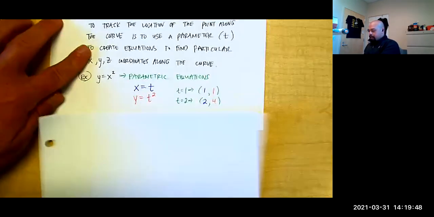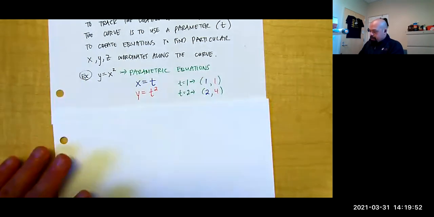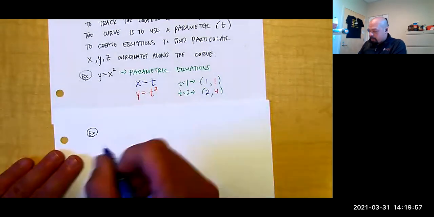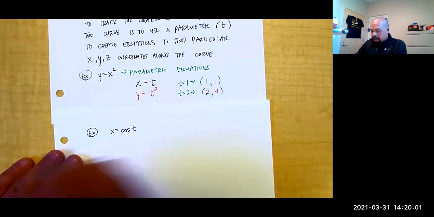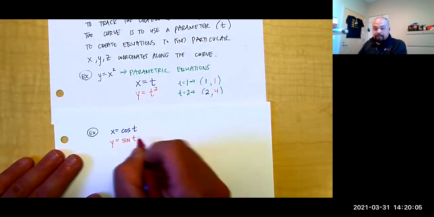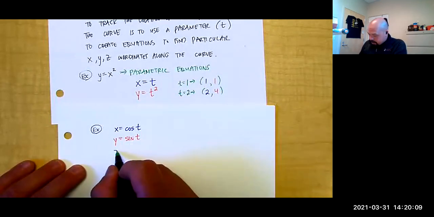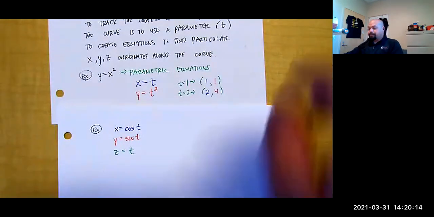And then likewise, we might get a set of parametric equations, right? Where x equals the cosine of t, y equals the sine of t, and then z is equal to t. Right, this is a common example.